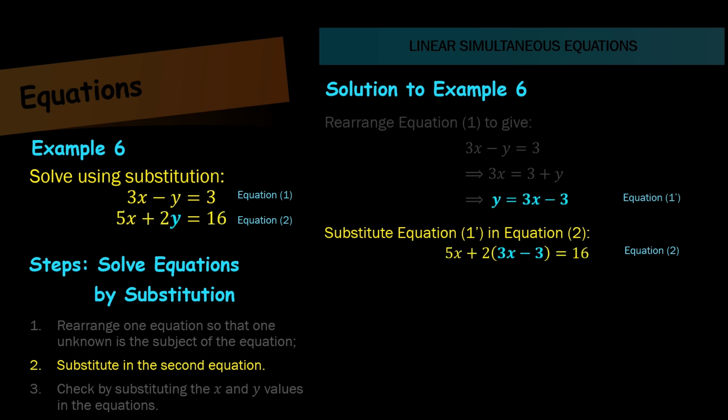And then tidying up gives us 5x plus 6x minus 6 equals 16. Then rearranging and tidying up gives us 11x, and 16 plus 6 is 22. Dividing through by 11 gives us x equals 2.